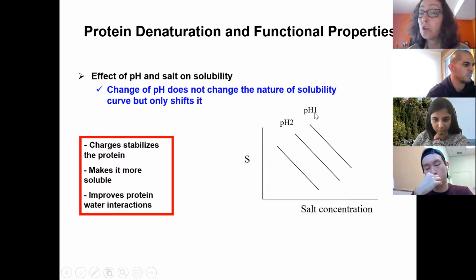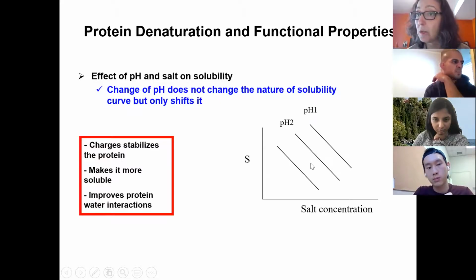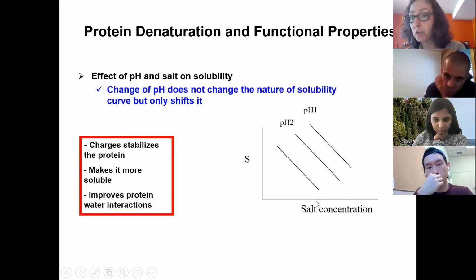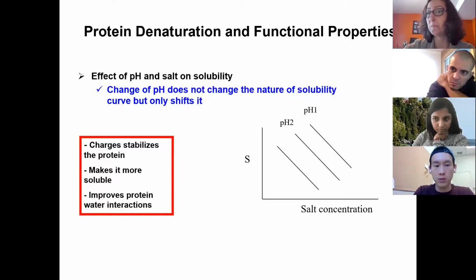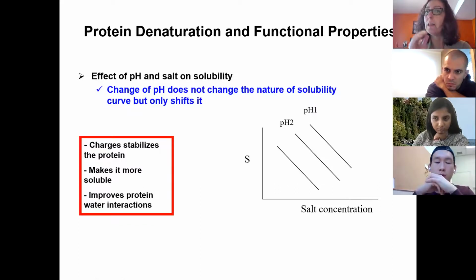Why? Because the charge, based on the pH, impacts at what concentration we're going to lose solubility. When you have higher charges, you potentially need much more ionic strength to precipitate the protein. So at pH closer to the isoelectric point, you need less salt to precipitate the protein.